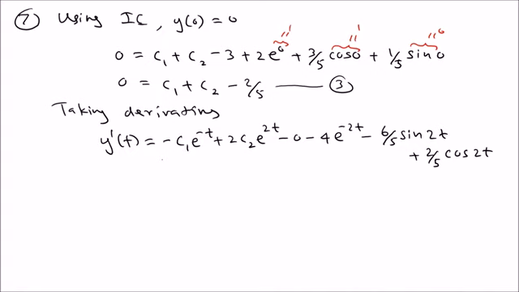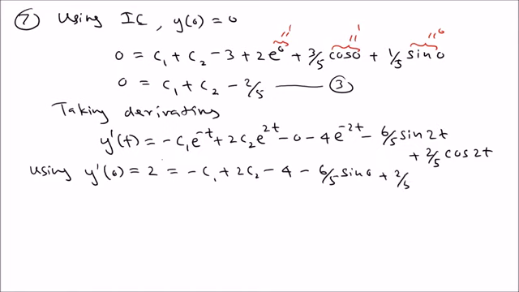Now using y prime of 0, we get negative c1 plus 2c2 minus 4, and then negative 6/5 sine 0 is gone, plus 2/5 cosine 0.